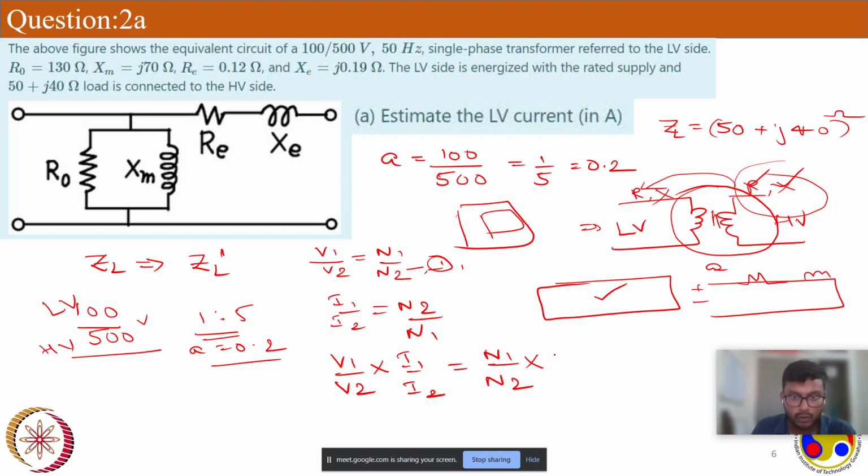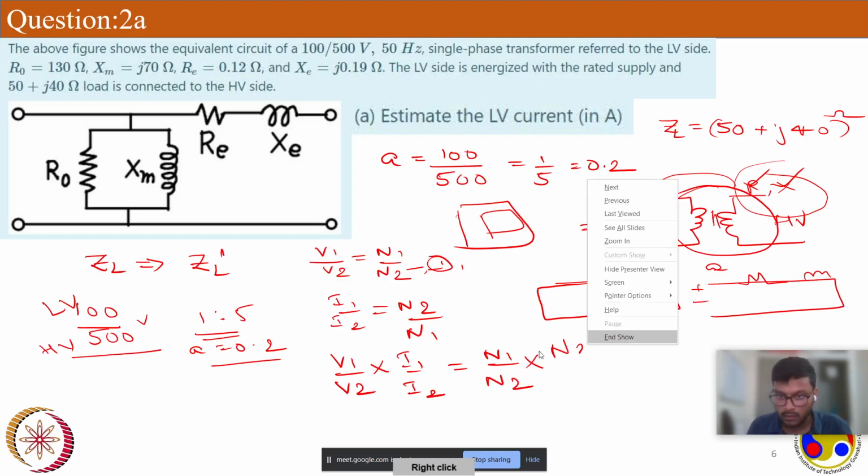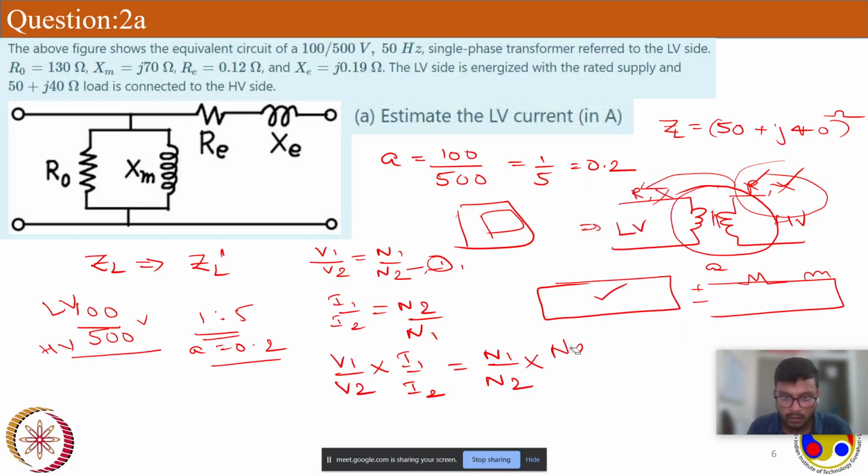So I1 by I2 is nothing but N. N1 by N2, I1 by I2 is N2 by N1. Yeah, sorry. You divide it.